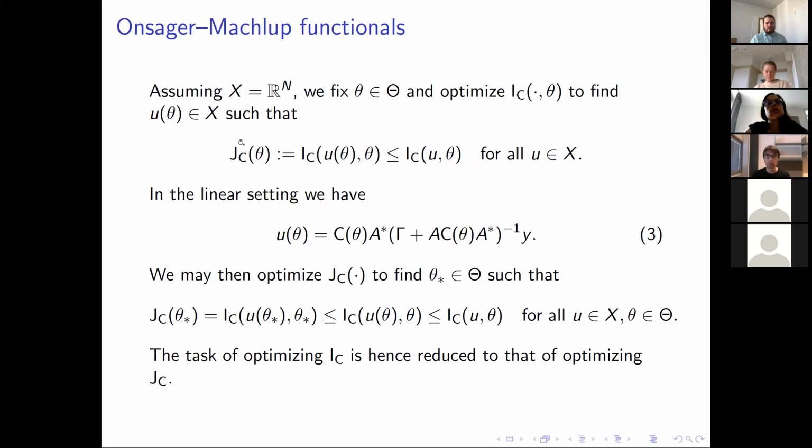So we get rid of the parameter u and only consider this minimization problem in terms of theta. In this linear setting, you can find the minimizer explicitly, and then you can go forward and start to consider optimization of this functional J_C.